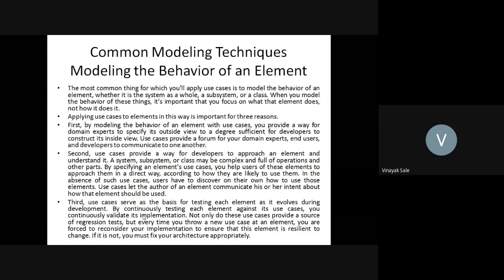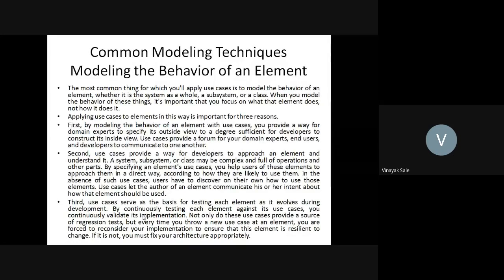By specifying an element's use cases, you help users approach these elements in a direct way, according to how they are likely to use them. In the absence of such use cases, users have to discover on their own how to use those elements. Use cases let the author of the element communicate his or her intent about how the element should be used.